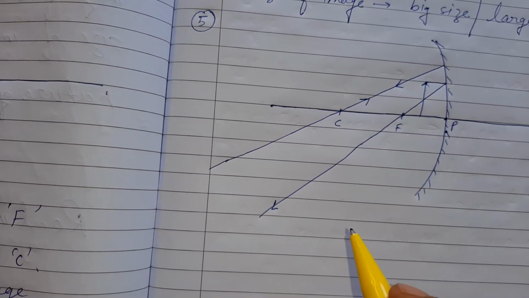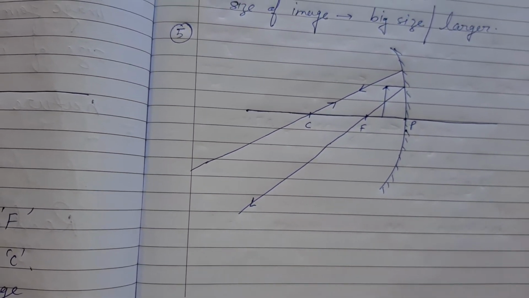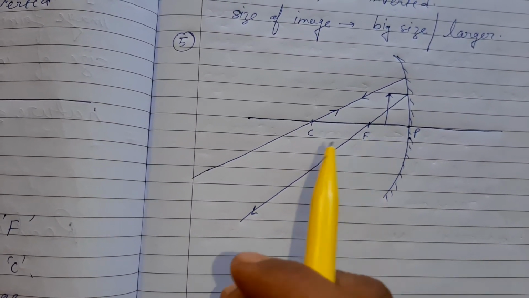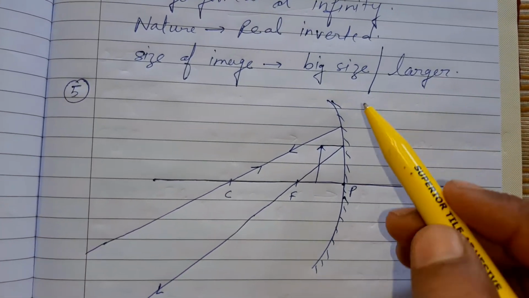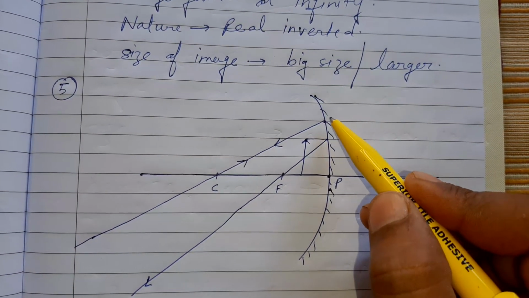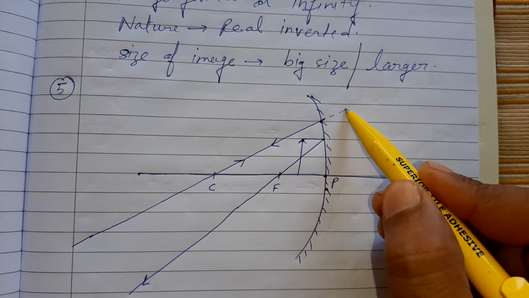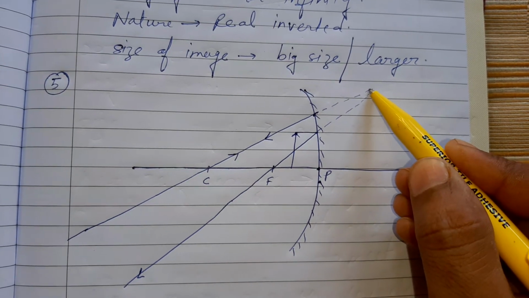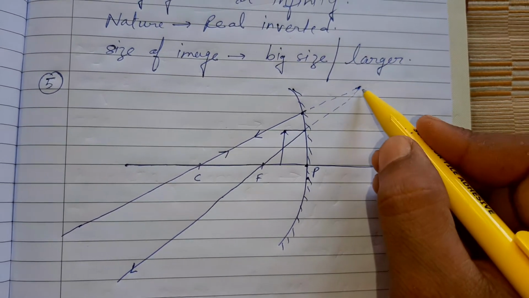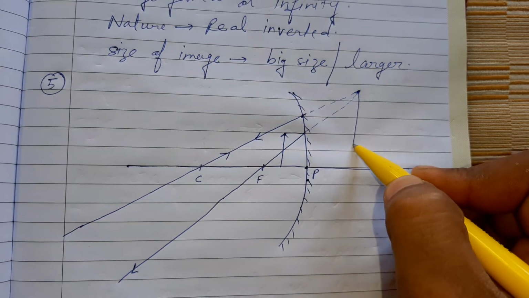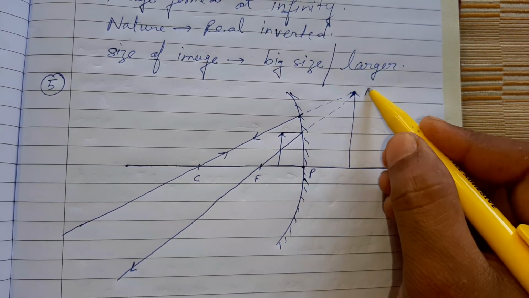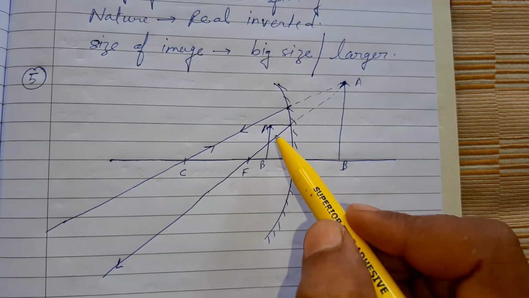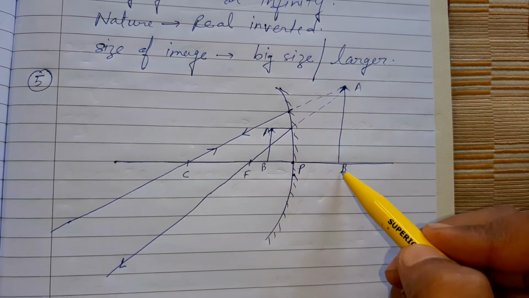After meeting, the image has to be formed, but there is no chance for the rays to meet, so I will make a dotted line here and they appear to meet at this point. I will make a line, this is A and this is B, here is the object, here is the image.